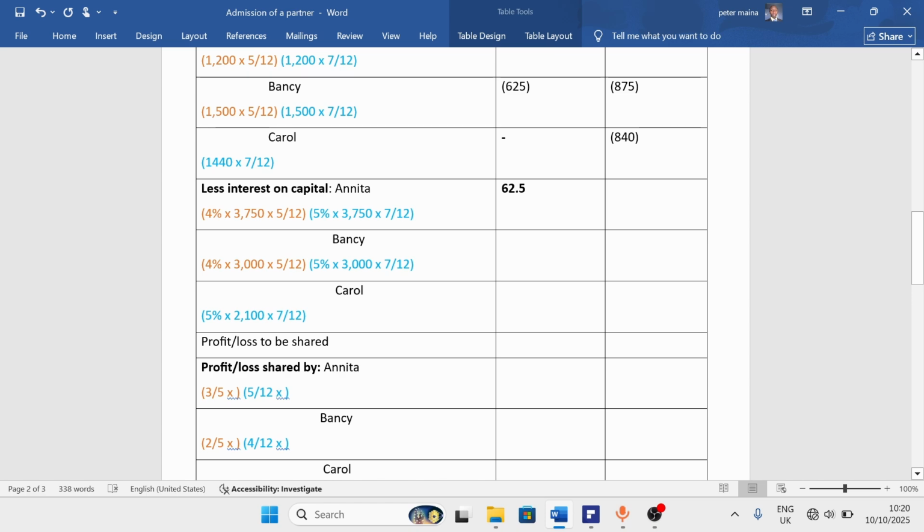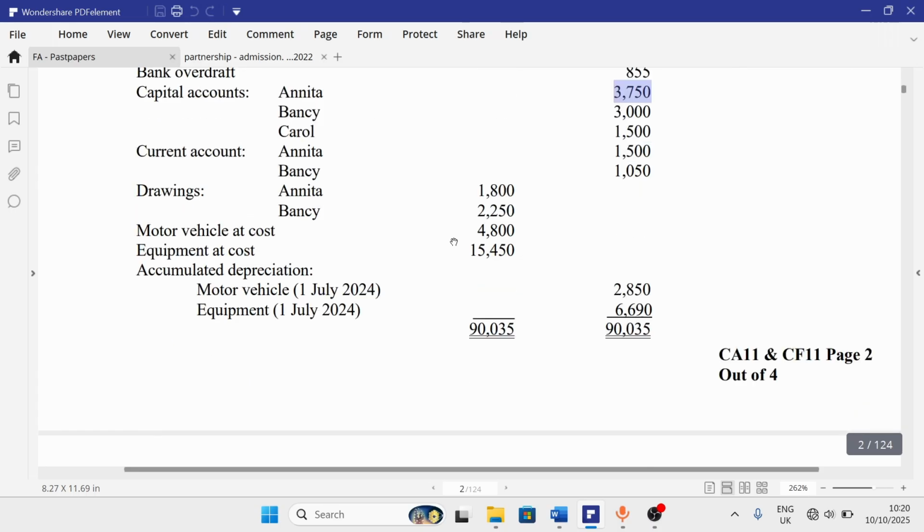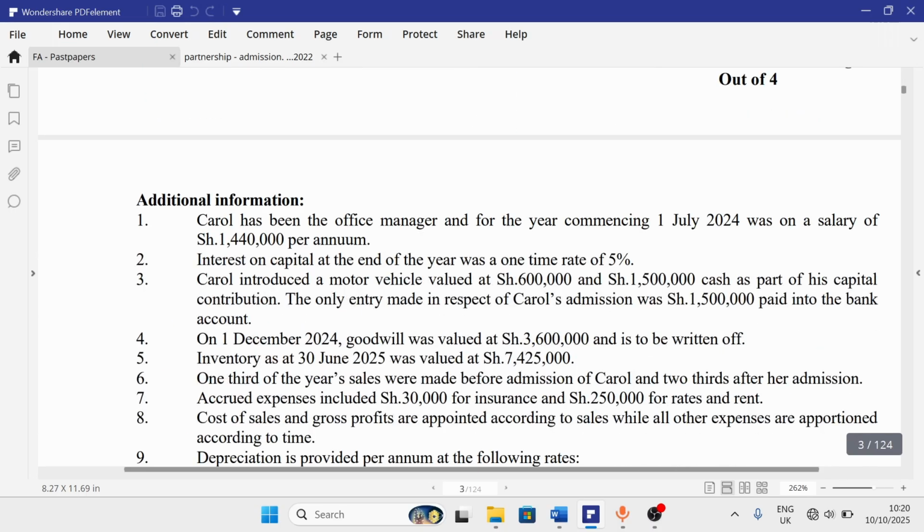remember the rate of interest changed after admitting Carol. So that was shown in additional information number 2, where it says interest on capital at the end of the year was a one-time rate of 5%. So note that this is the rate they were using as at the end of the year, and that was the period after admitting Carol. So again, the 5% is supposed to be an annual rate for 1 year.